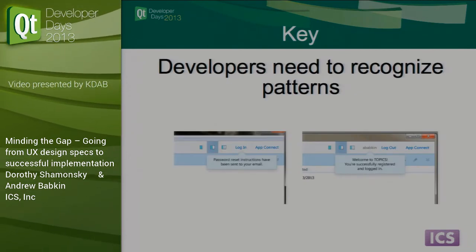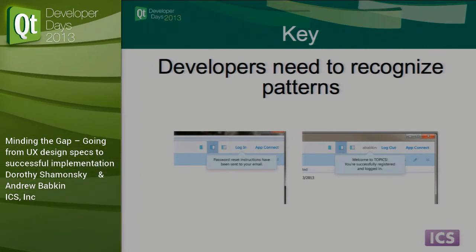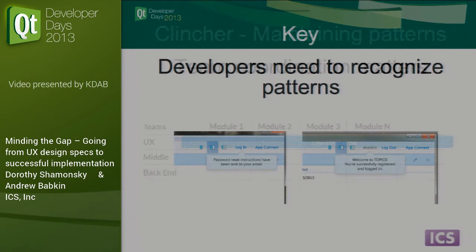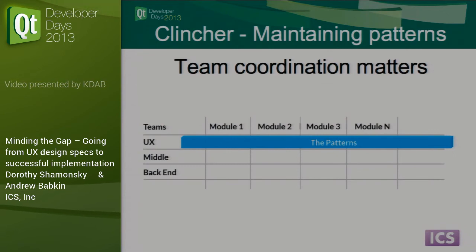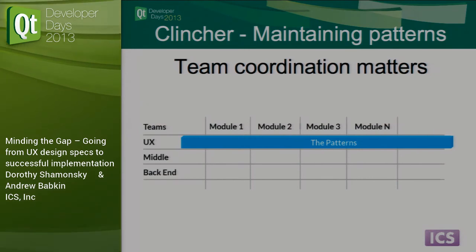So what's key here is that developers learn to recognize patterns. And here, this is Topics again, the same application, showing a little message to the user as a repeating pattern. What's the clincher is that on teams where there's more than one developer, communication about the patterns, or about the reusable code or the components, is sometimes a problem.